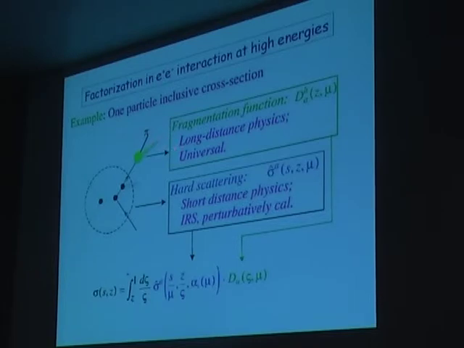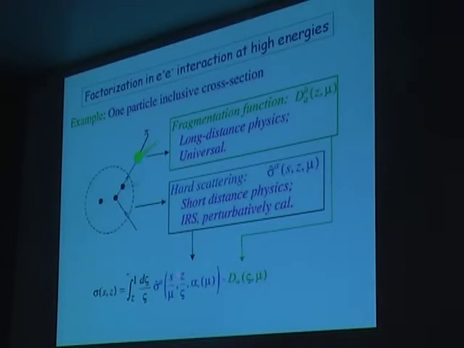But the long distance part for this inclusive process is actually universal. It can be summarized in a function, which is a fragmentation function in this case. And the short distance part, you can still calculate. The observed cross-section then becomes a convolution integral of this short distance part and long distance part.